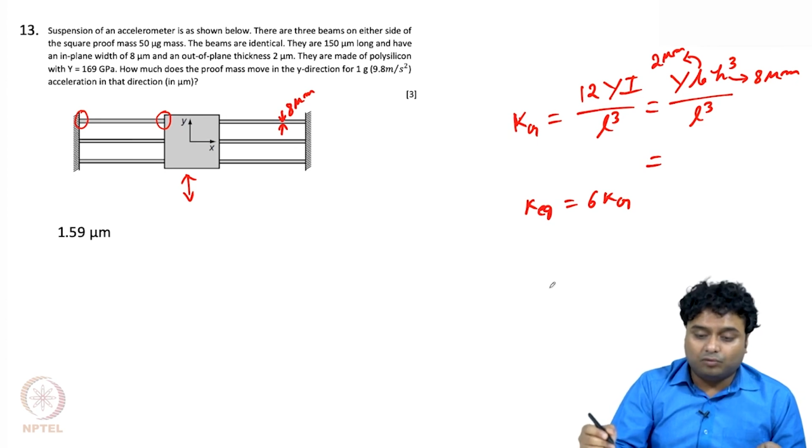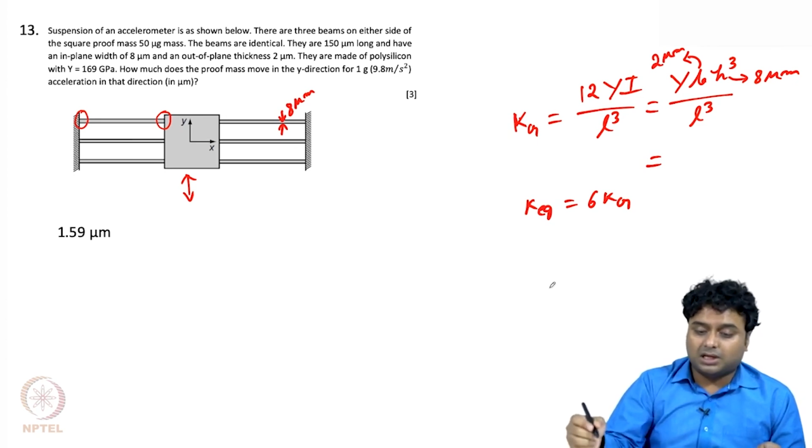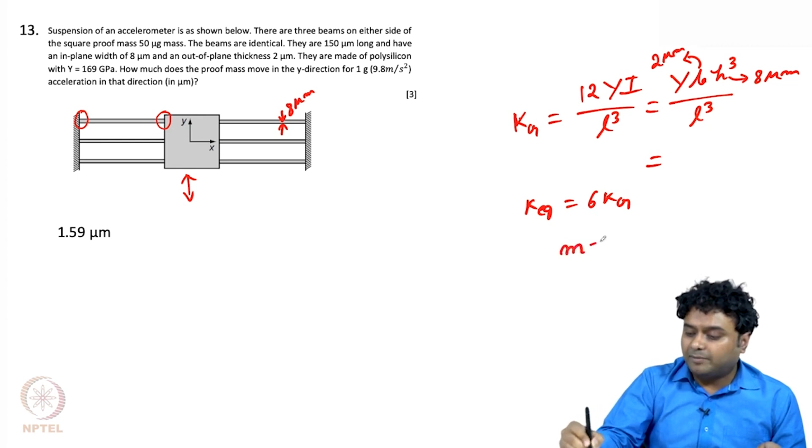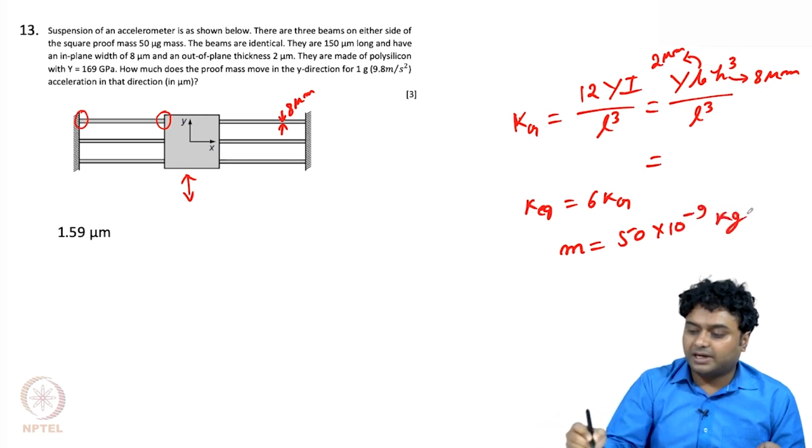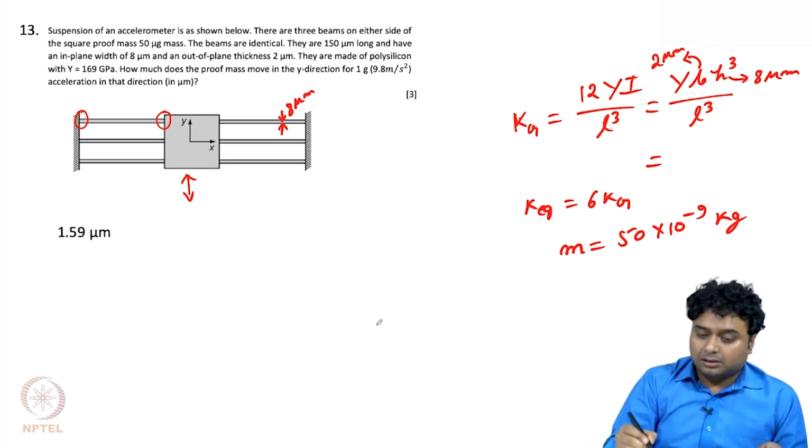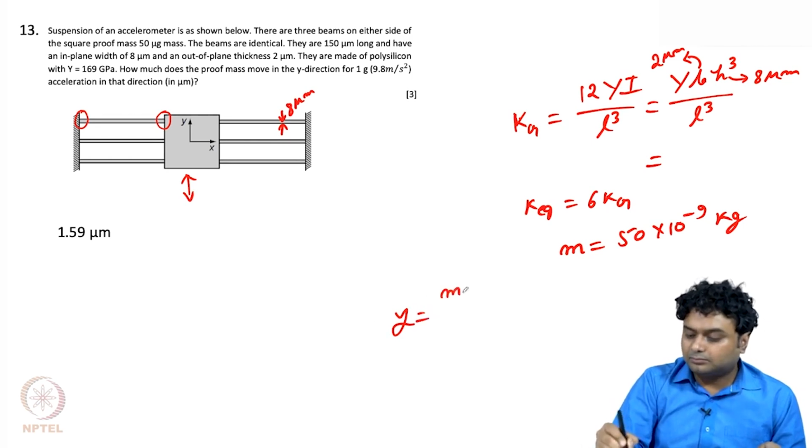So we know the proof mass, 50 microgram, and 50 microgram means again m equals 50 into 10 to the power minus 9 kg, right, it is not gram, it is kg. So the deflection y will be m into g, g is 9.8 meter per second square, divided by 6 kg.